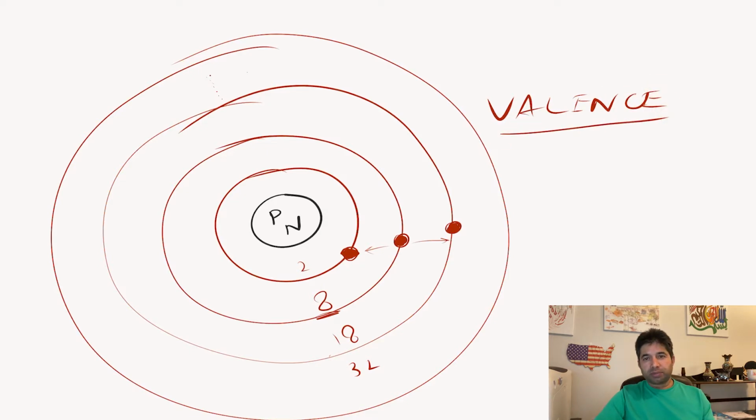These electrons are pretty important because they are an atom's interface. When two atoms come closer, these valence electrons are the first to come close to each other. So how many electrons there are in the outermost shell, and what kind of bond, interaction, or force they have, really depends on those valence electrons.